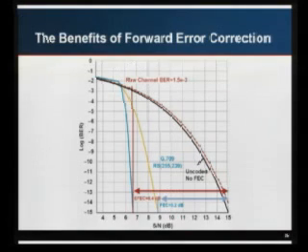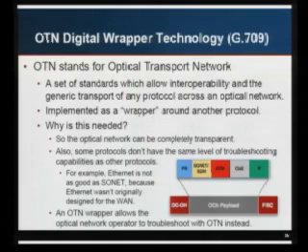Here's a diagram showing the uncoded bit error rate relative to the signal to noise ratio, showing the improvements between the original FEC standard, the G709 FEC standard, and then the latest one, or EFEC, which is the blue line, which shows really significant improvements by adding a very small amount of overhead to your data. You get much better signal to noise ratio and bit error rates.